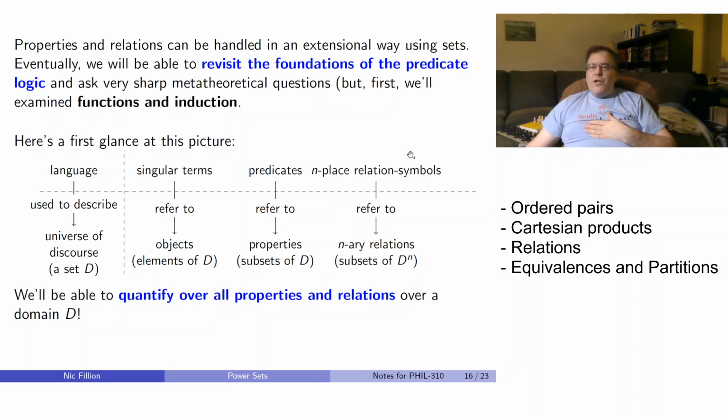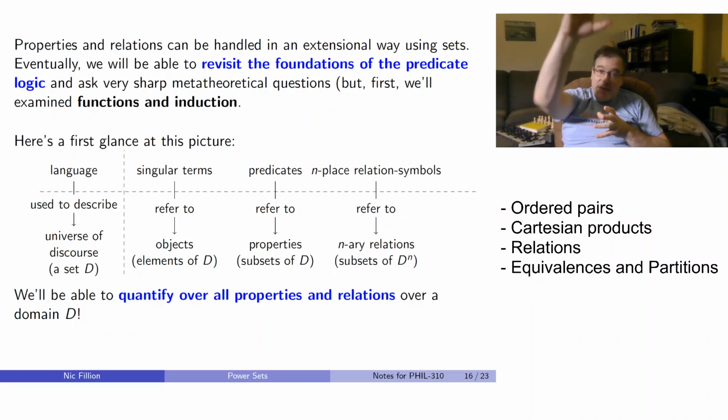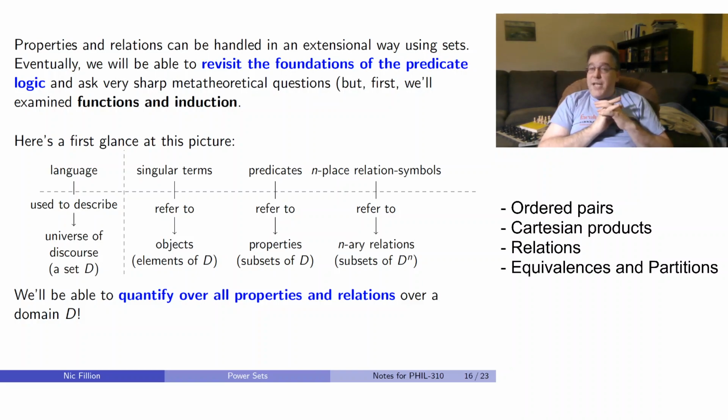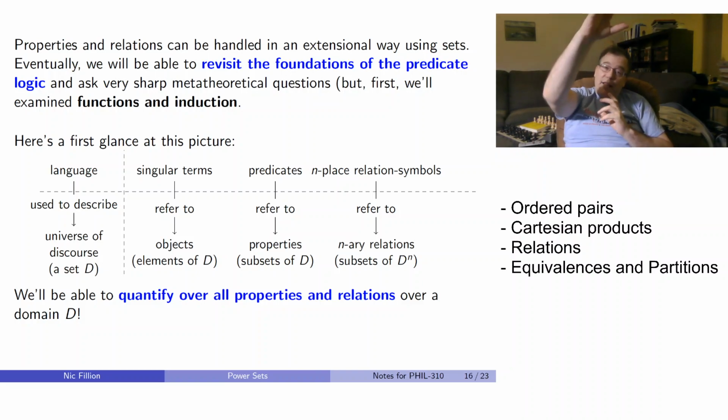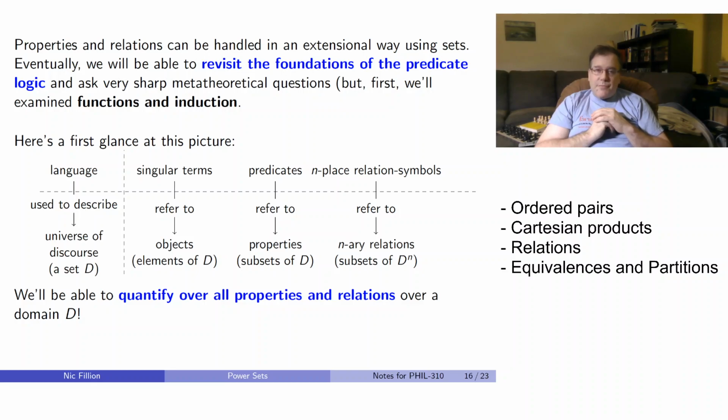And then for the relation symbols, so far I've often said relation when we were doing predicate logic, when really what we were describing were relation symbols. But relation symbols refer to relations in the same way that predicates refer to properties. And then those relations are going to relate n objects together. So in terms of set theory, what are those relations going to be?